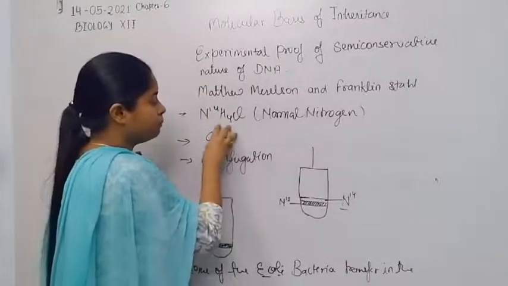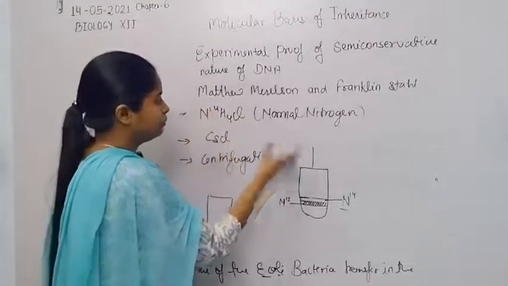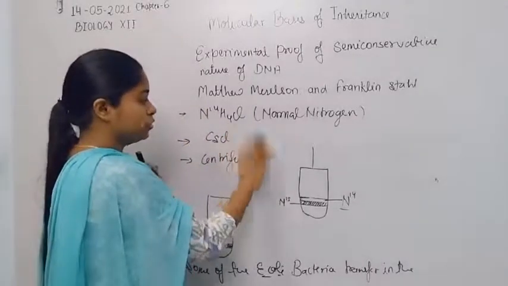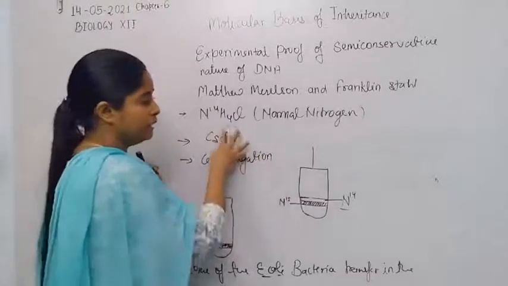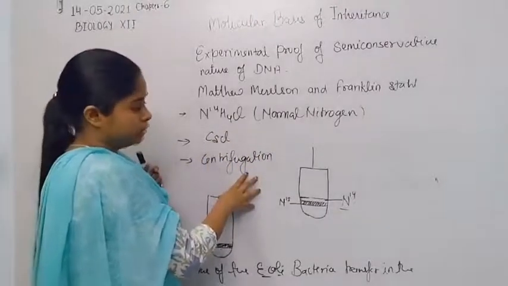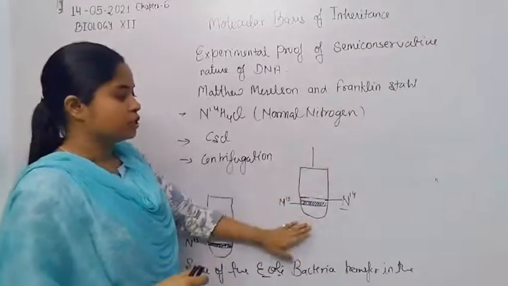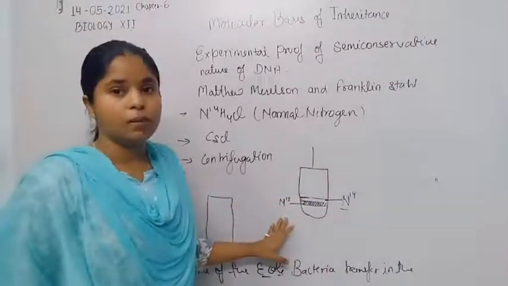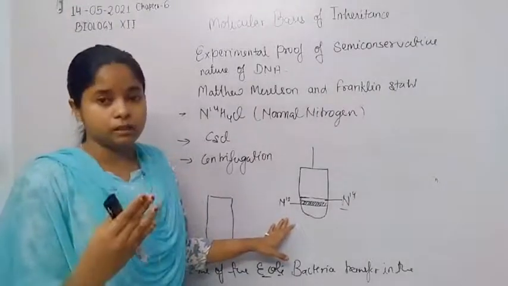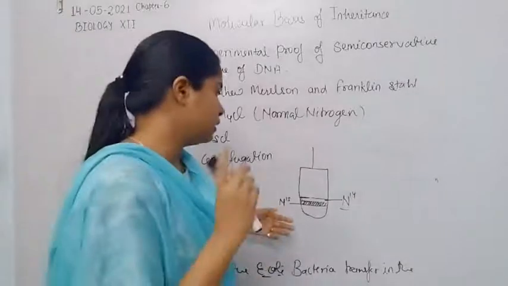But because the parent has the N15 strand of DNA, when the new daughter cell is synthesized, it has one parental DNA strand and also the newly synthesized DNA. So that's why both strands occur in the test tube by centrifugation.